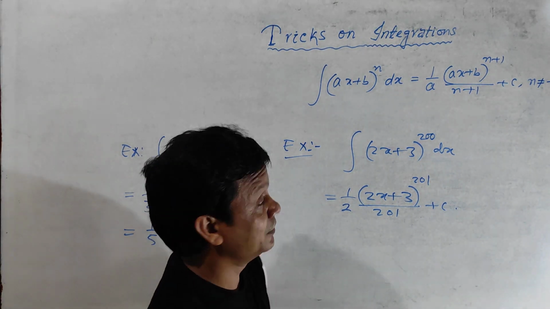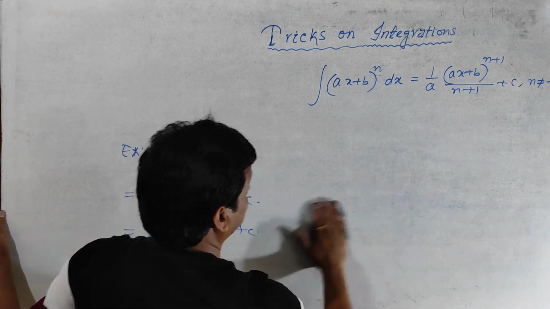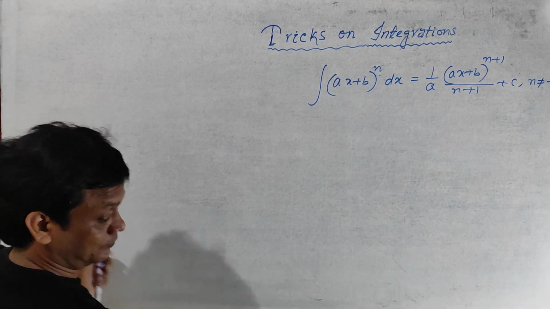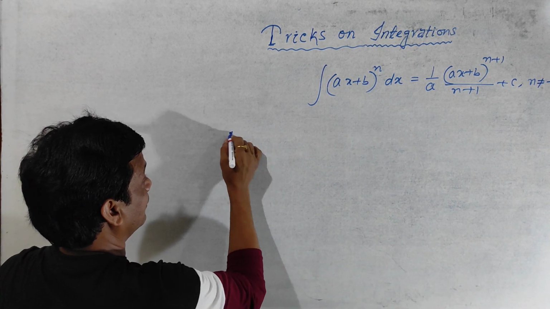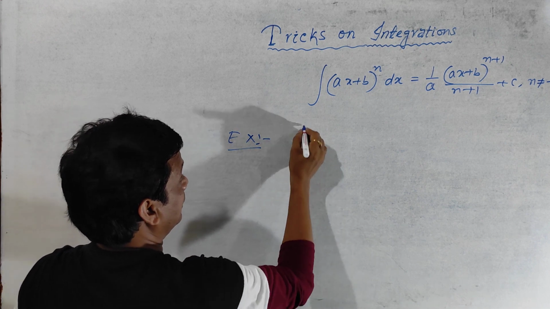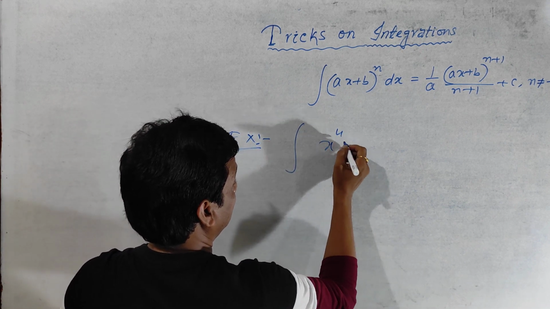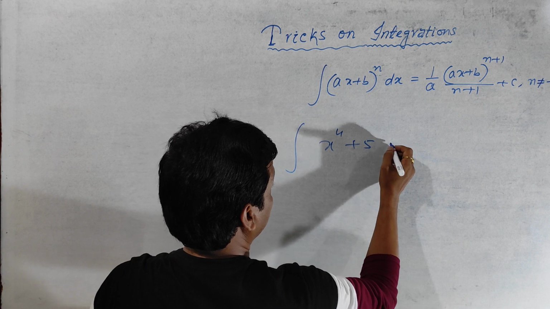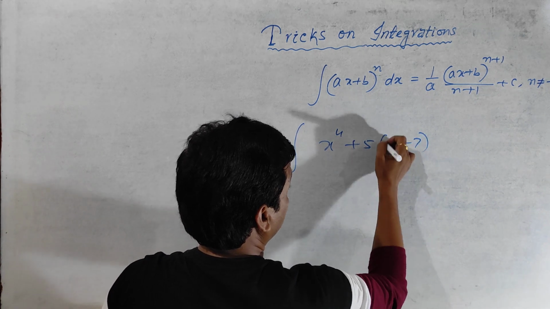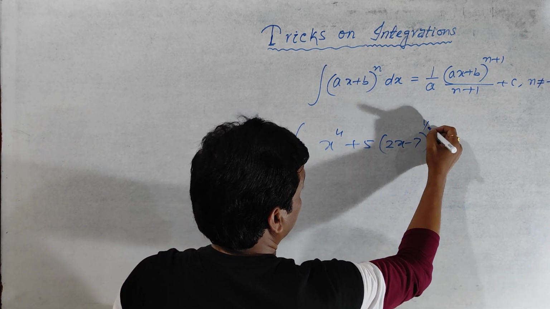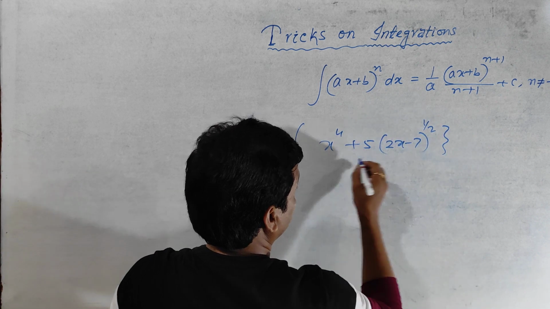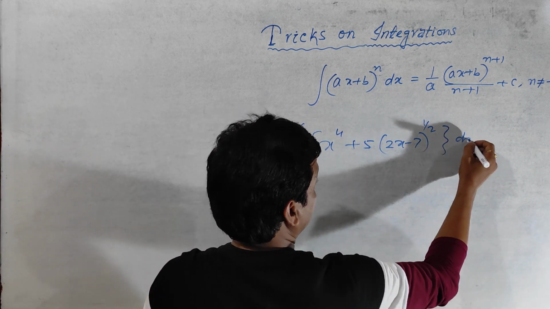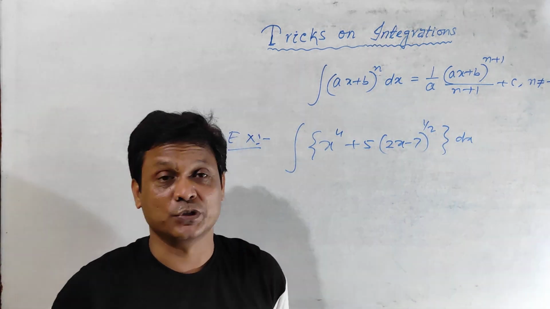See here what I am going to tell you. Integration (x to the power 4 plus 5 into (2x minus 7) to the power 1 by 2) whole into dx. The question is like this.